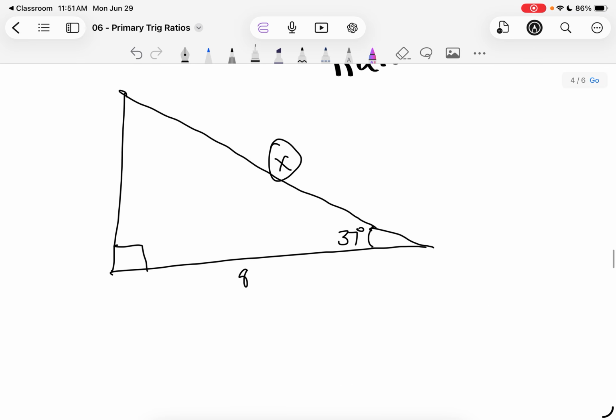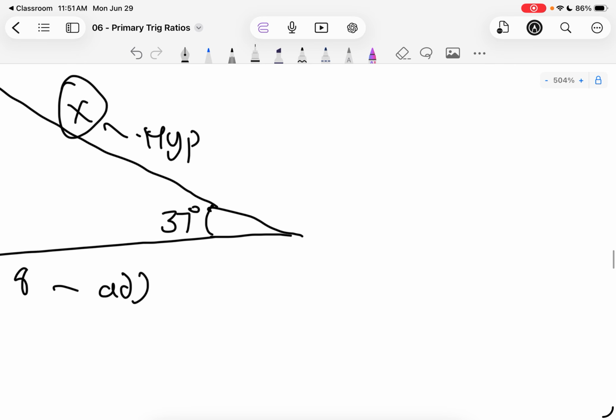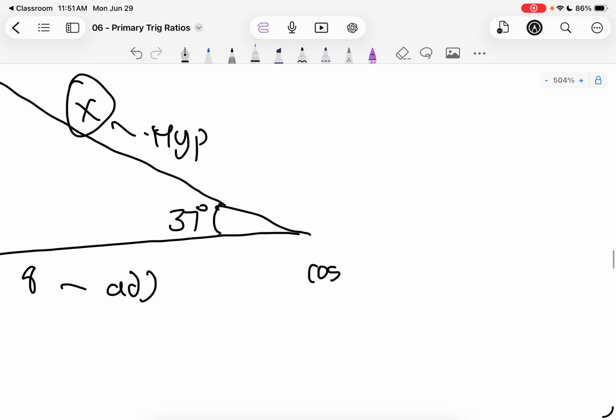So now that we know all of that, this initial question is quite easy. We have the adjacent, and need to find the hypotenuse. Casually, we'll use cos. So cos 37 equals 8 over x. X equals 8 over cos 37.